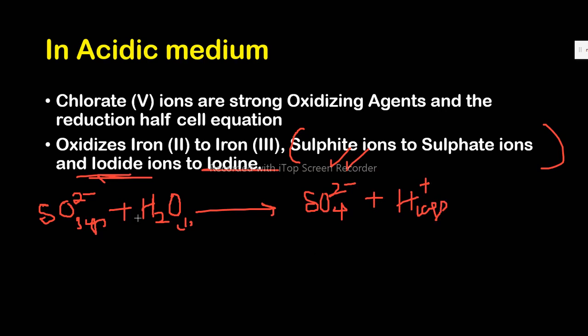If we try to balance, we are seeing 2 here, so we shall just need to put a 2 here, and then plus the 2 electrons. So this is the half equation for this. Then plus the half equation for chlorate 5, I wrote it for you. Then can't you write the equation? Please write. Let's not take things for granted.